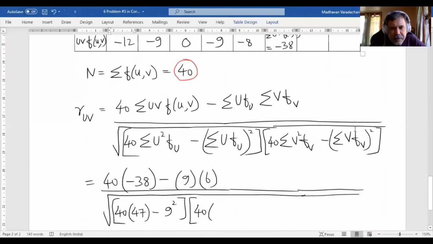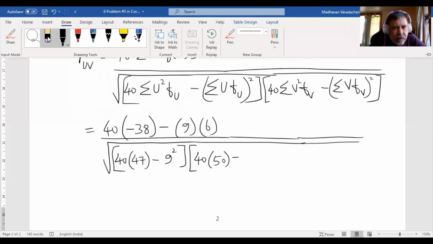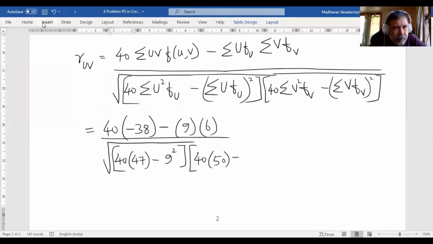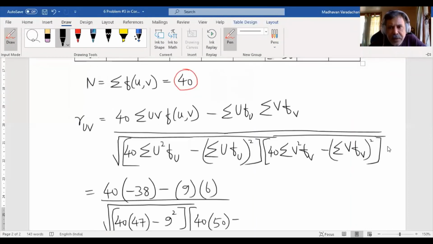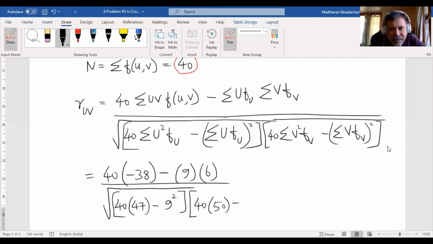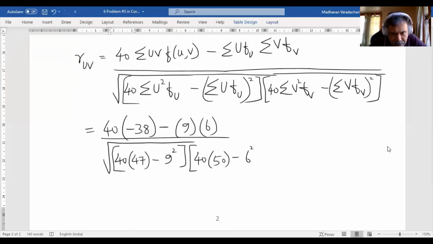Here it is 50. Minus summation V into FV. It is 6. The square. Close this. Extend this square root till this.